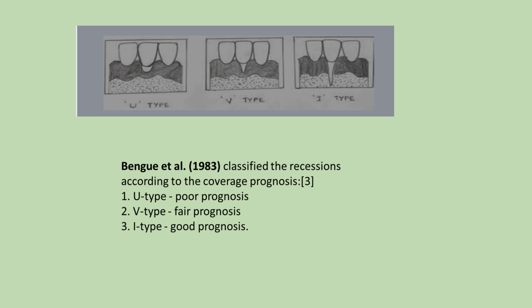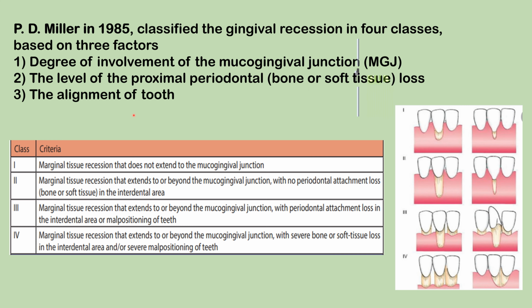Next is by Benque et al. in 1983, who classified recession according to coverage prognosis. So there is U type, which shows poor prognosis, V type, which presents with fair prognosis, and I type, which shows good prognosis.